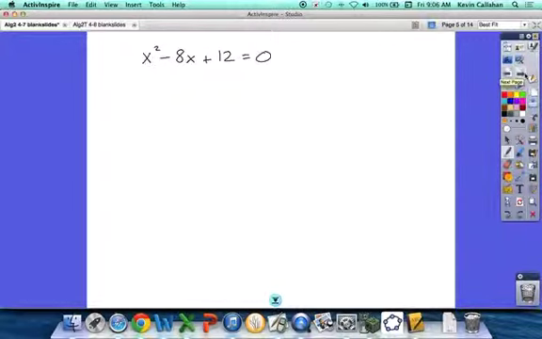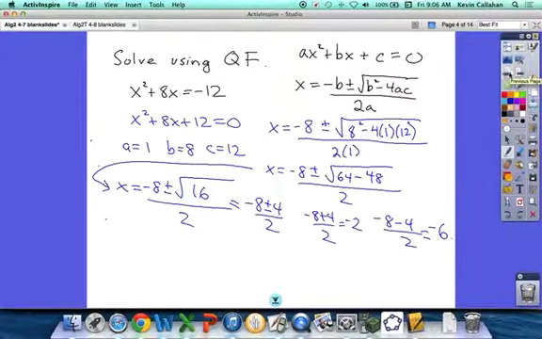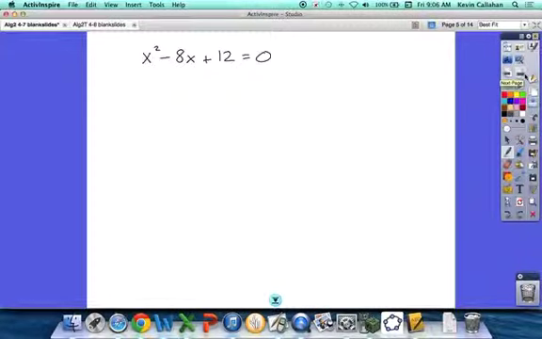Okay, now what's the difference between that problem and that problem? The a is 1, the b is -8. On the first problem, it was +8, right? So let's see how this would work with just that one difference, because this is where we make a lot of mistakes with the quadratic formula, right? So here we'd say a is 1, b is -8, and c is 12.